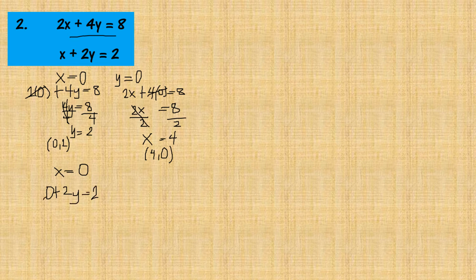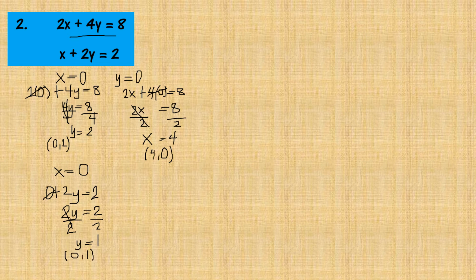Since 0 ito, cancel na lang natin. Ang naiwan is 2y is equal to 2. Para makuha po yung value ng ating y, divide both sides by 2 para ma-cancel yung ating 2, maiwan yung y. 2 divided by 2 will give us simply 1. Yung ating ordered pair dito will be 0 and 1.